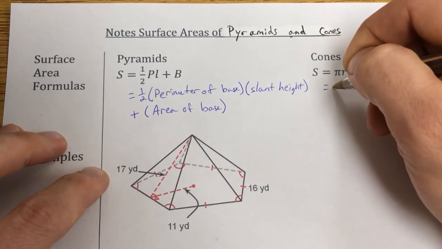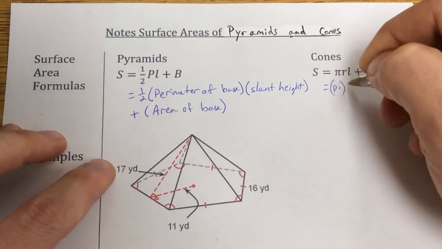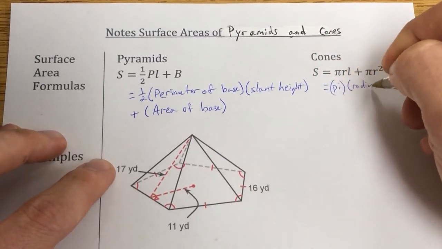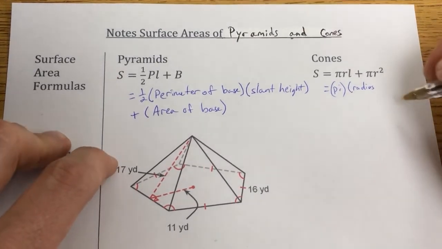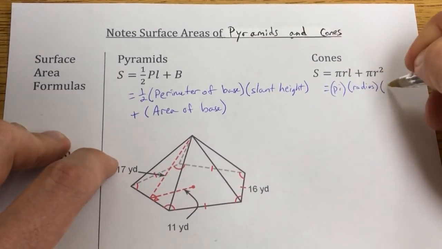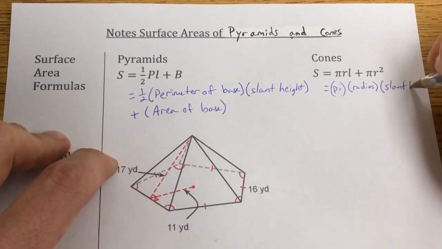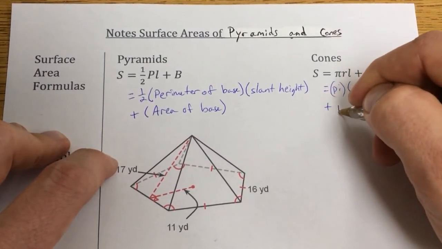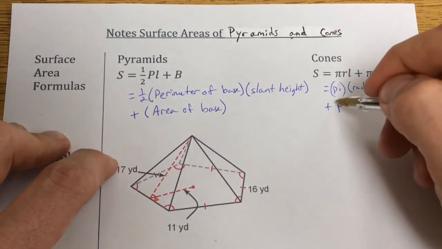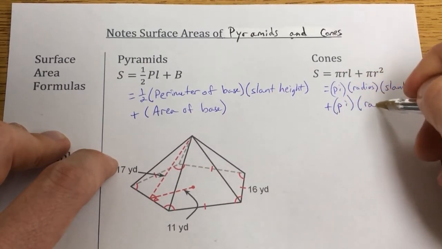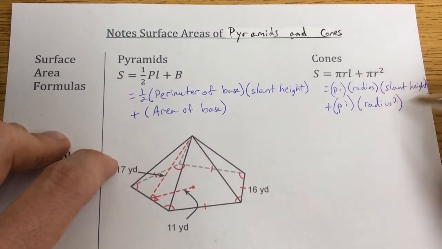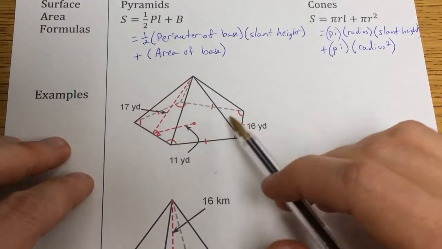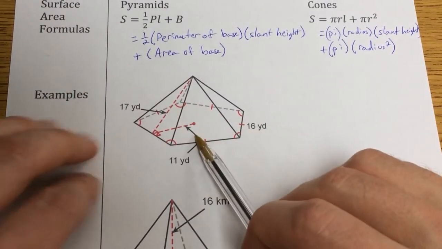So equals pi times the radius. That's the radius of the base there. It's the only radius we have. L again is slant height. Plus pi times the radius squared.